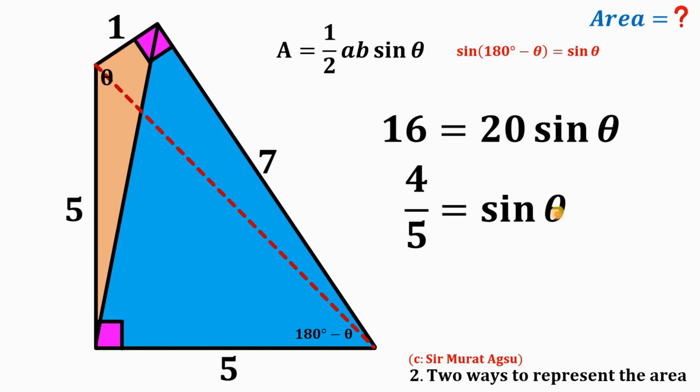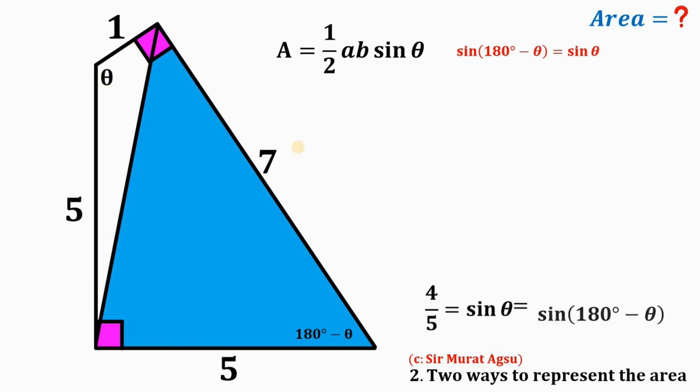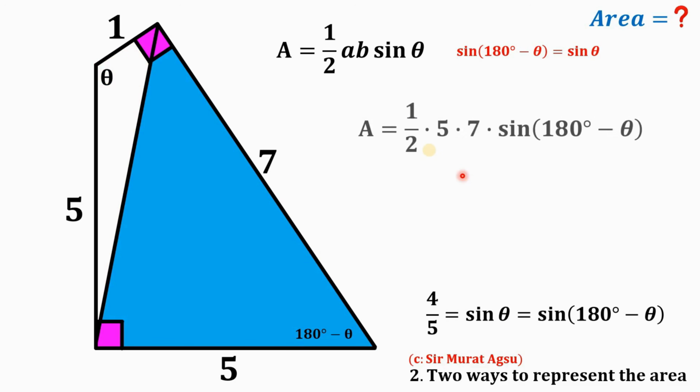Now using this, we can solve for the area of this blue triangle. Also take note that sine theta is the same thing as sine of 180 degrees minus theta. What is the area of this blue triangle? This is just 1/2 times 5 times 7 times sine of 180 degrees minus theta, and we know this is just sine of theta, and sine of theta is 4 over 5.